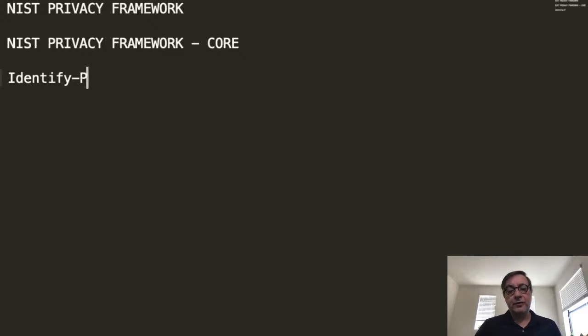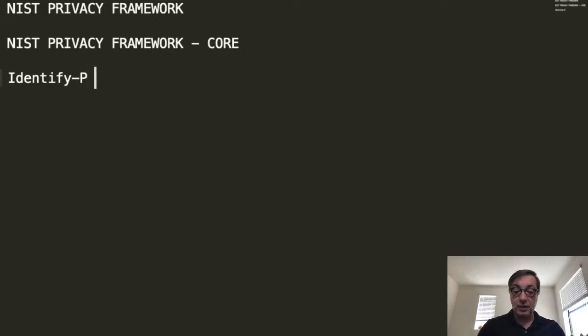Identify is, of course, a function in the Cybersecurity Framework, and in many ways Identify-P is very similar to how it appears there, since these are simply good organizational-level processes, but in Identify-P you see much more of a privacy focus.